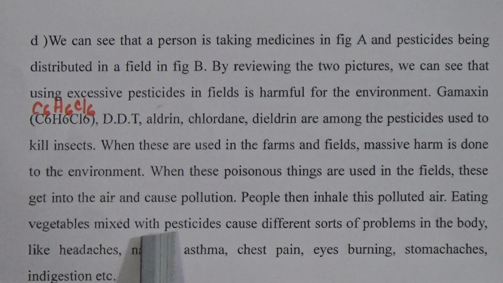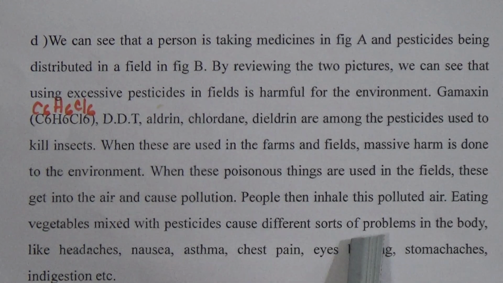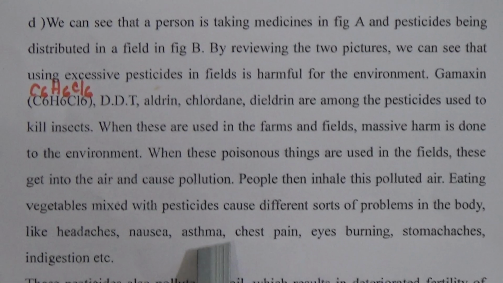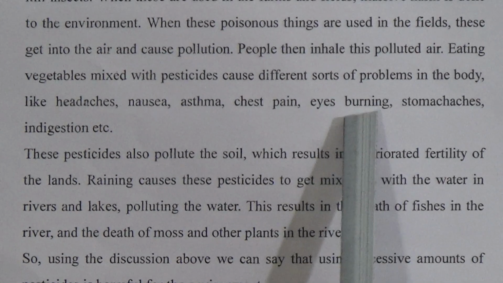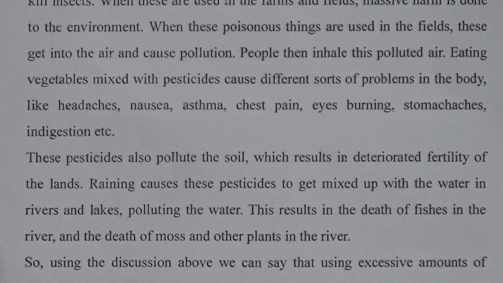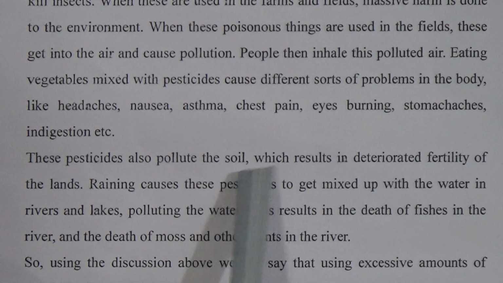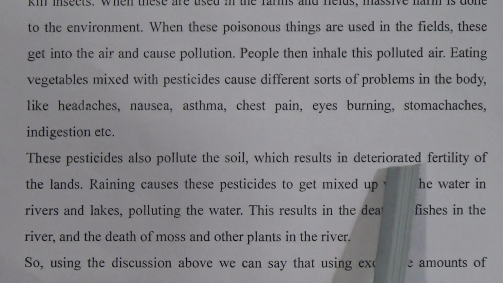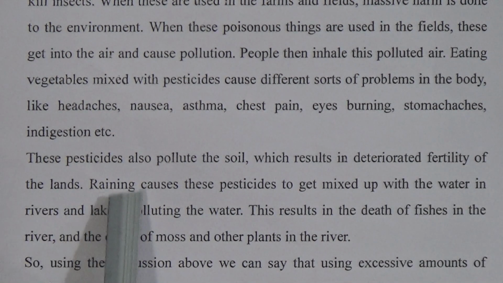Eating vegetables mixed with pesticides causes different sorts of problems in the body, like headache, nausea, asthma, chest pain, eyes burning, stomach ache, indigestion, etc. These pesticides also pollute the soil, which results in deteriorated fertility of the land.